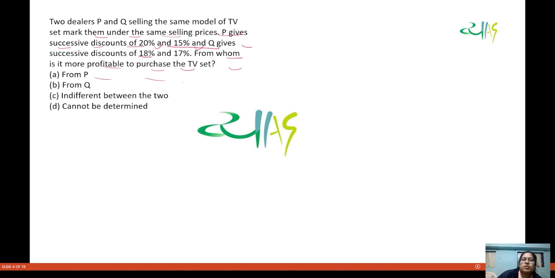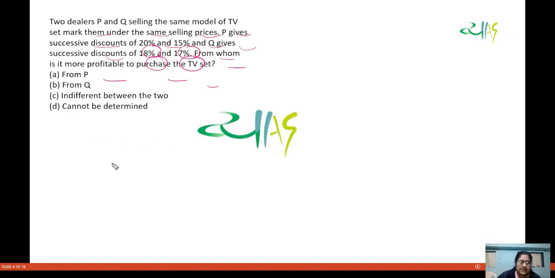From whom is it more profitable to purchase the TV set?